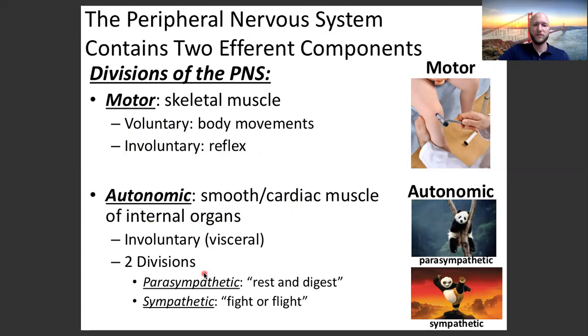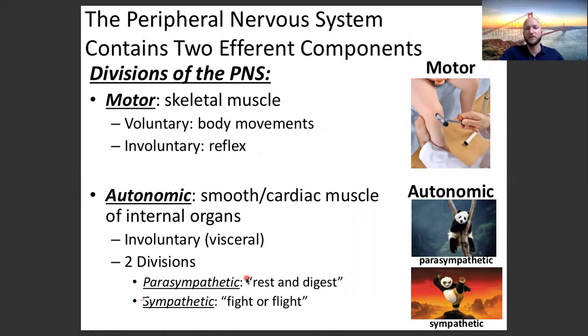Those two main divisions of the autonomic nervous system, you've got parasympathetic and sympathetic. Parasympathetic is often called your rest and digest nervous system, and sympathetic is your fight or flight. Another way to think about it, we've talked about tonic control in this class.